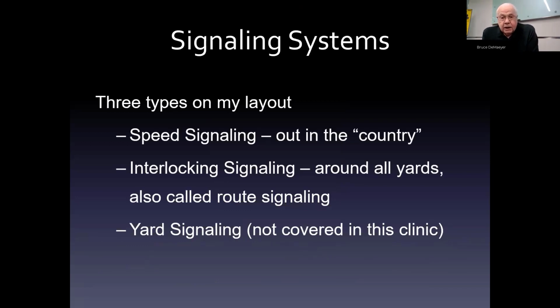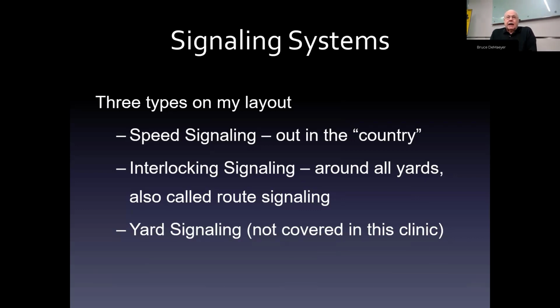On my layout, there will be 3 different types of signaling. There is something that I call speed signaling, which I've learned from the modeling world is the best definition. It is the signaling that takes place out in the country when the train is moving between 2 distant places.